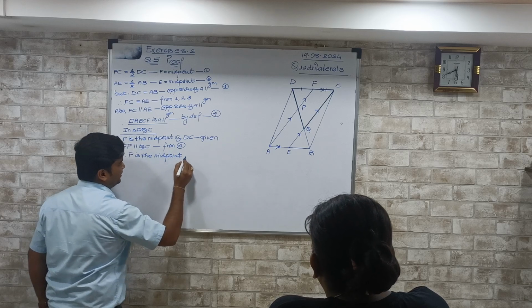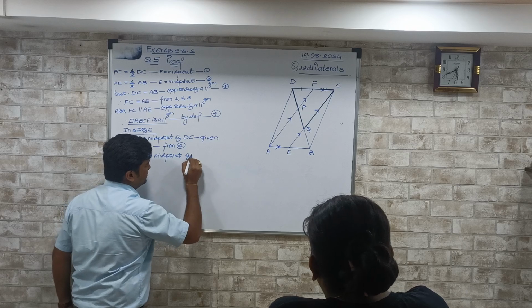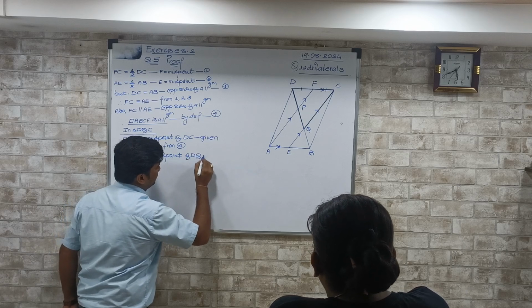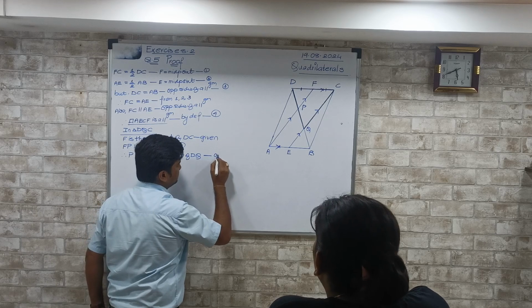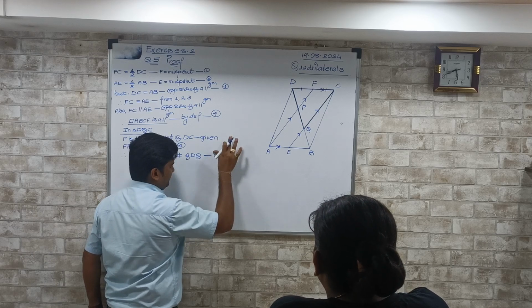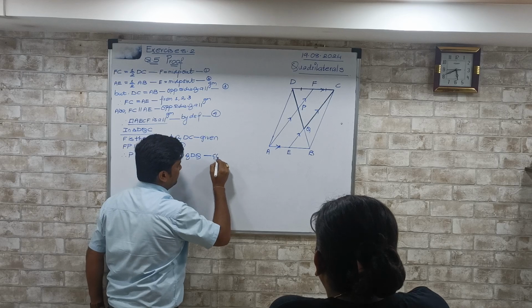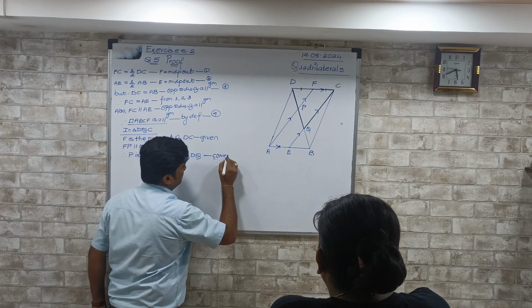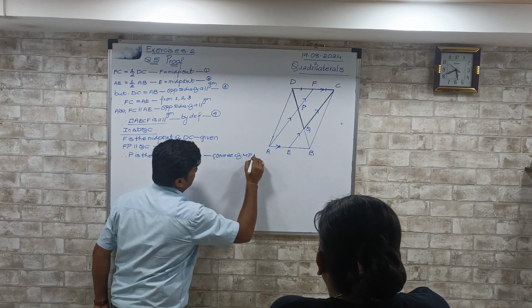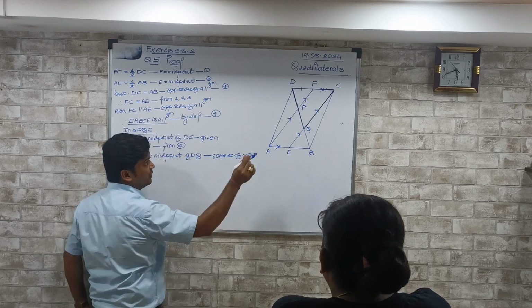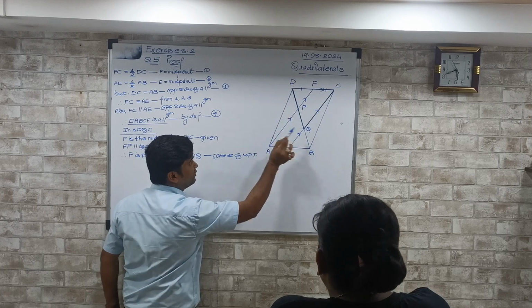P is the midpoint of which side? DQ. The reason? Converse of midpoint theorem. Very good. I'll write Converse of midpoint theorem.